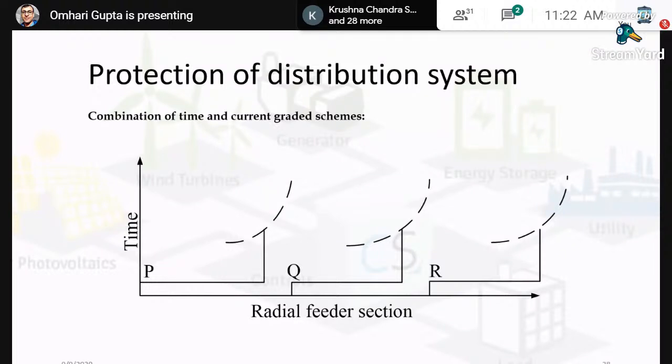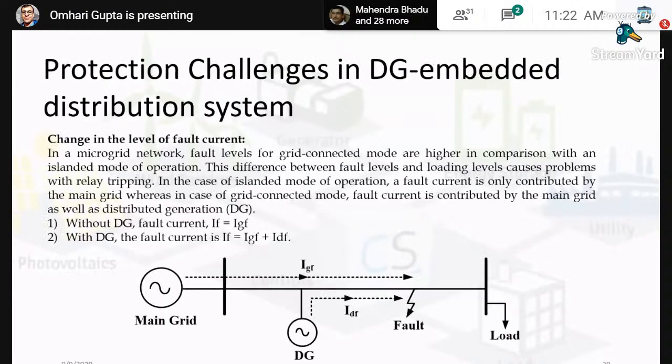But what are the challenges when you add distributed generation? The first is the change in the level of fault current. Earlier, there was no distributed generation, and the current flowing through the feeder was IGF whenever there was a fault. Accordingly, the relay setting decided whether the fault was within its zone or not.